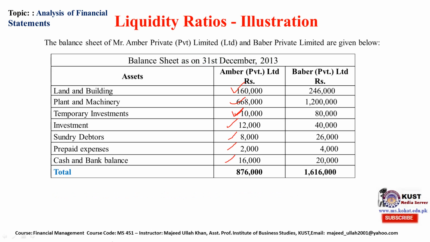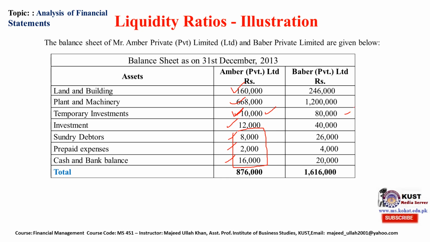These are current assets. This one 10 plus 18,000, 20,000, and this is 36,000. 10,000, 18, 20 and 36. This is 80,000, 26,000, 40,000 and 20,000.